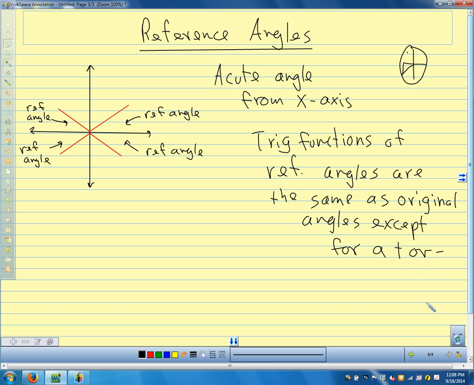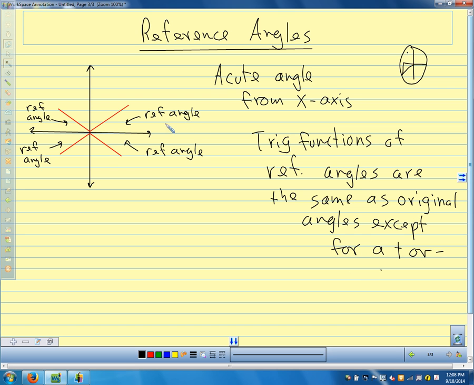So reference angles help us by not having to think about a 150 degree angle. We just think about this 30 degree angle. We don't have to think about a 300 degree angle. We just think about this 60 degree angle. So it can simplify our problem solving that way. And then we just take care of the positive or negative depending on which quadrant we're in.